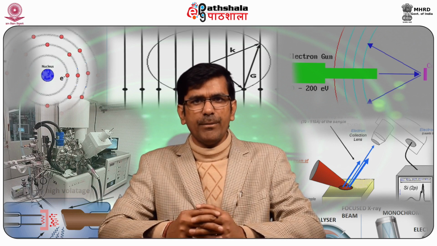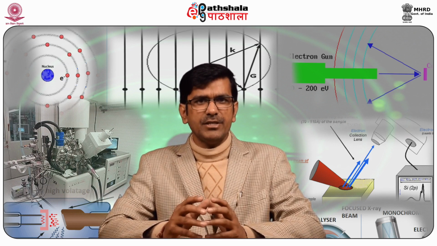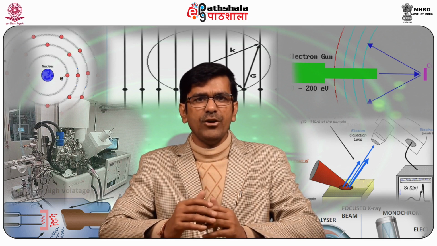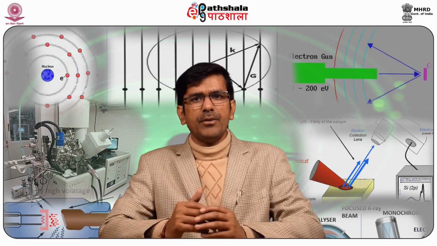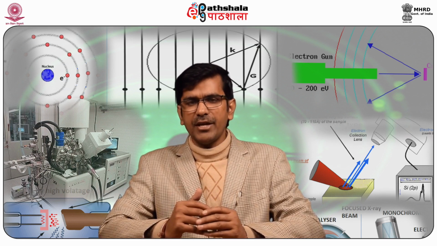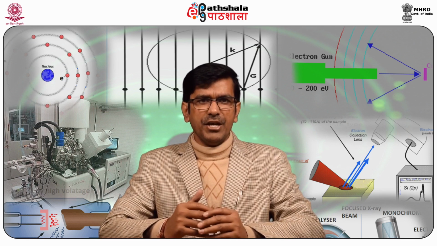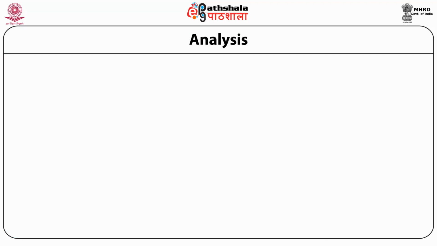SIMS has also been employed to determine trace elements in minerals at concentrations that are too low to be detected by various other methods like electron microprobe analysis, which is known as EPMA, which again deals with the same phenomenon of secondary ion mass spectroscopy.